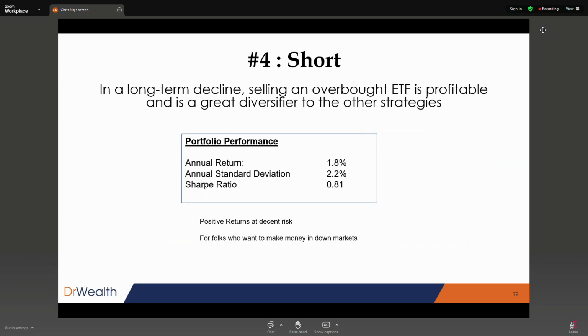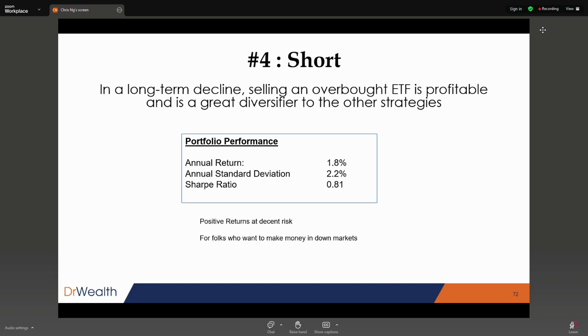And finally, totally optional is a short strategy. In a long-term decline, when you sell an overbought exchange-traded fund, you can produce returns that can diversify from other strategies. Because when markets are very bad, there's a crash or a recession, short strategies will become very important because they produce a positive return when everybody else is losing money.